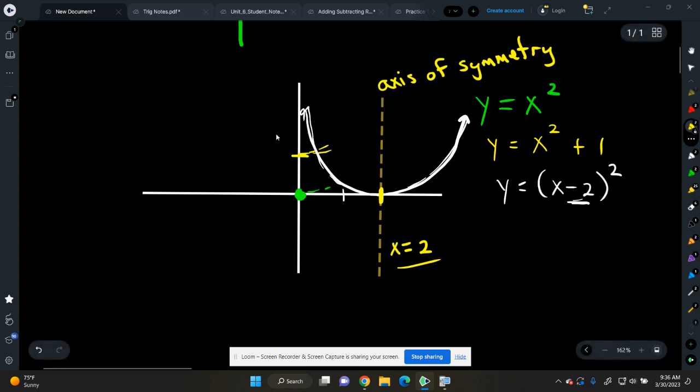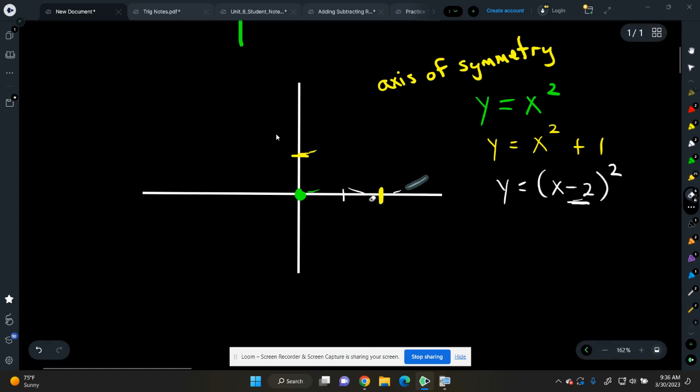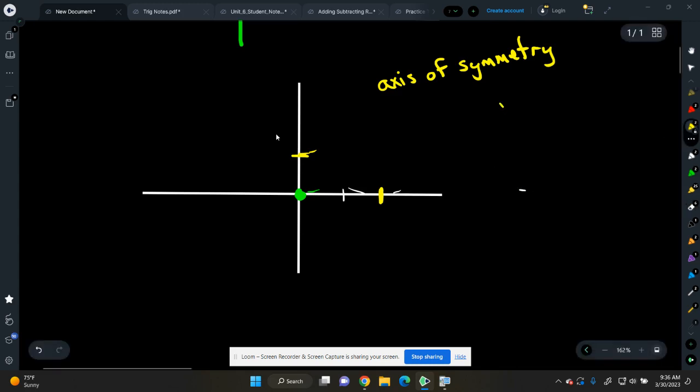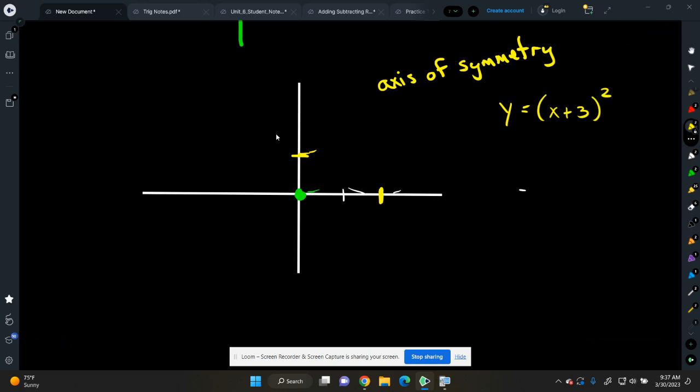Well, what if, you already got that? Can I erase? Okay, this time I'm going to write the equation y equals (x plus 3) squared minus 2. Let's graph that, because we learned how to do this with our absolute value equations.